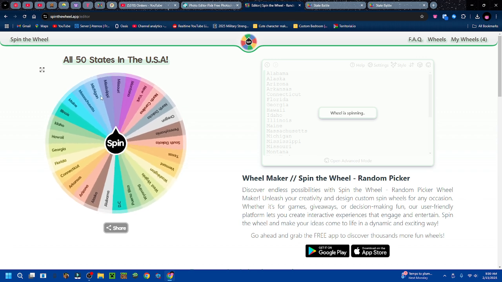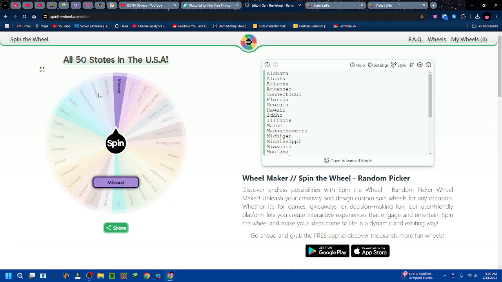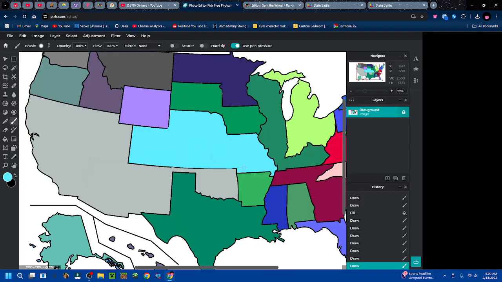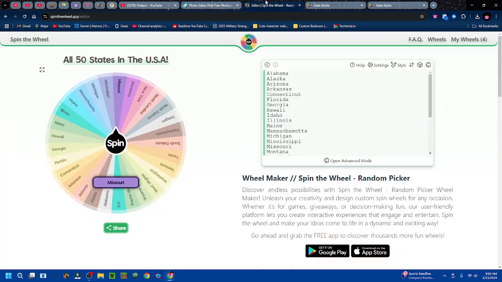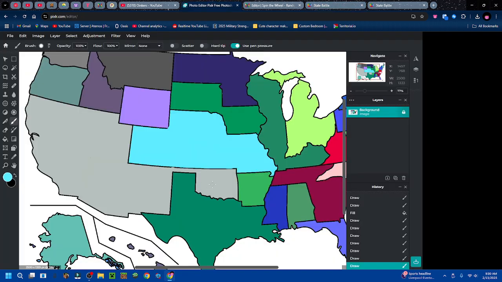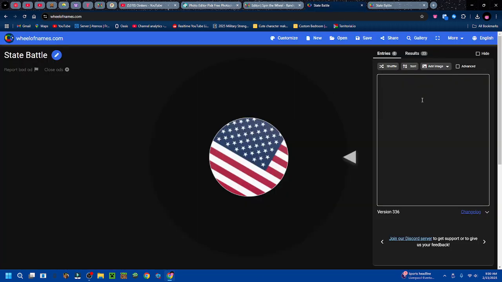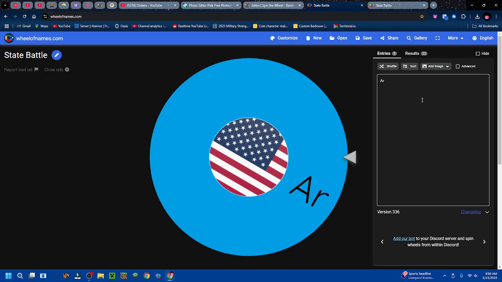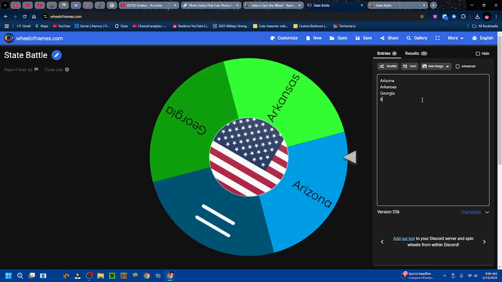Next up is Missouri. With their newfound power of owning 4 different states, they're going to be going up against Arizona, Arkansas, Georgia, Illinois.